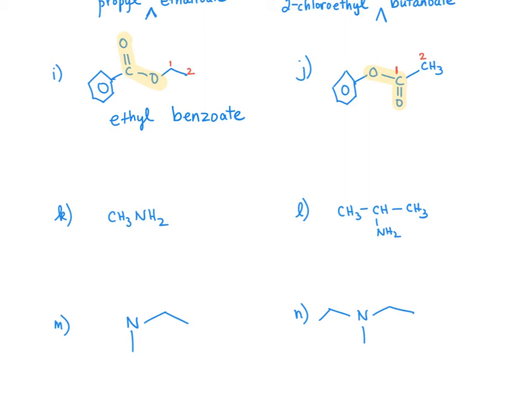I actually go the other way. So there's my ethanoate. From ethane, I drop the E and get the oate. And now in front of that, I have the benzene ring on the other side of the single bonded oxygen. And so we have phenyl ethanoate.